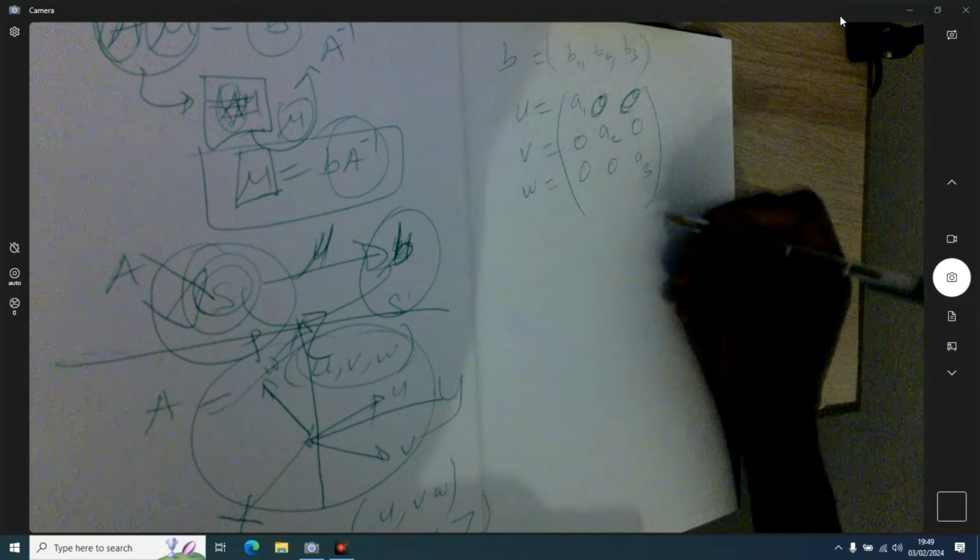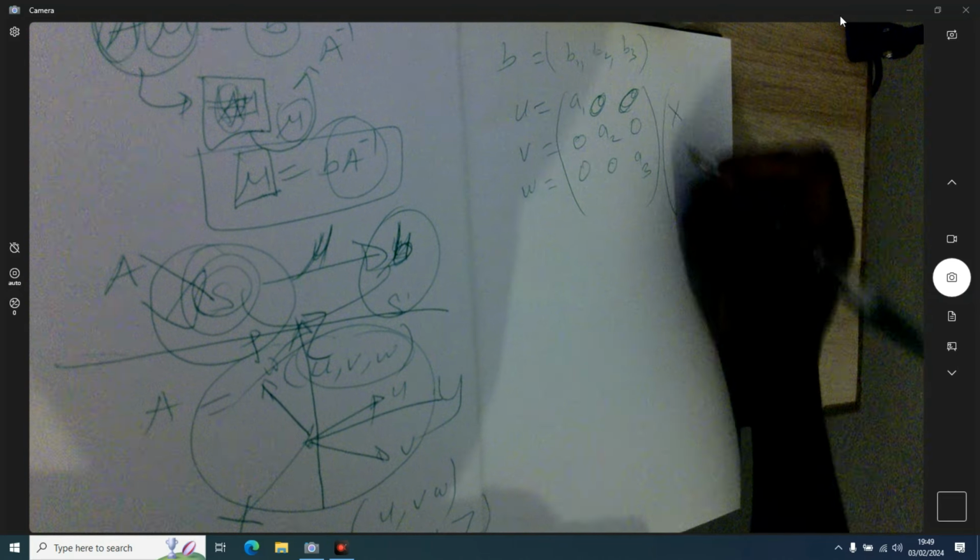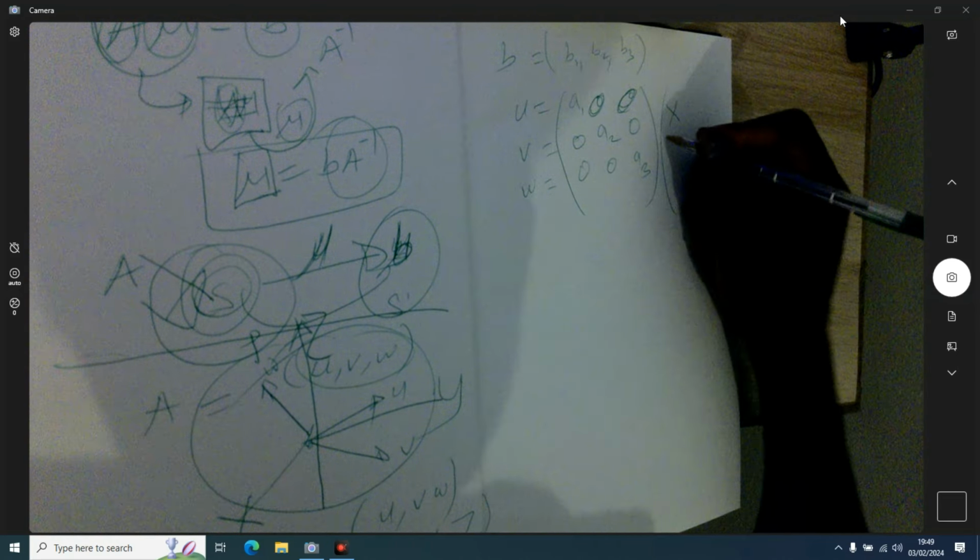You see? And then the solution, the absolute solution that we want to find is X, Y, Z. And the expected output, which is B, is B1, B2, B3. Remember, we have set this one in the form of this equation: A new equals B, where new is that one, A is that one, and our B is that one.